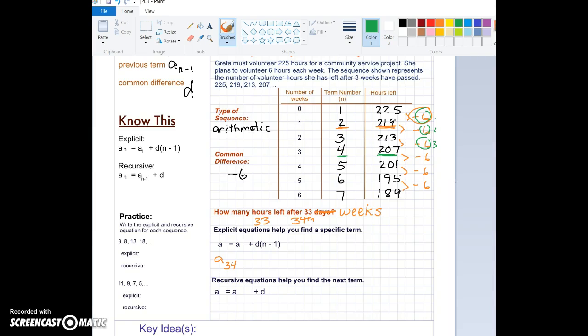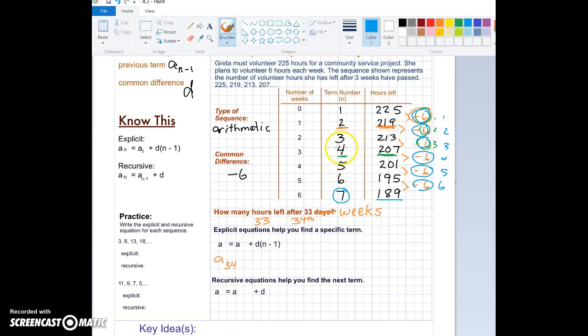We added our common difference 3 times, right? So for our 7th term, which happens to be 189, how many times did we add our common difference? Well, we did it 1, 2, 3, 4, 5, 6 times. So on term 7, 6 times we subtracted 6.